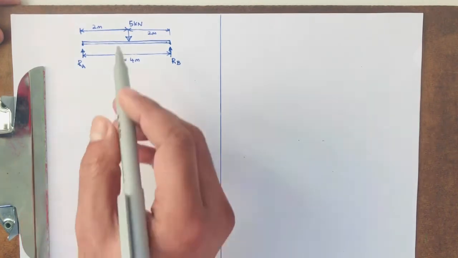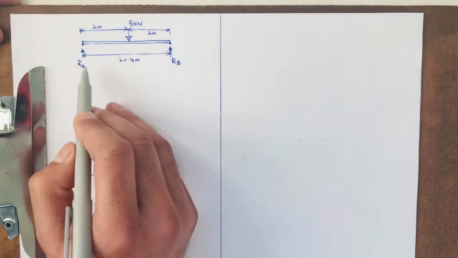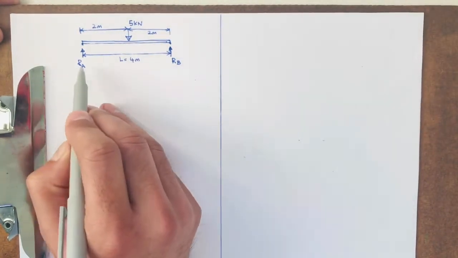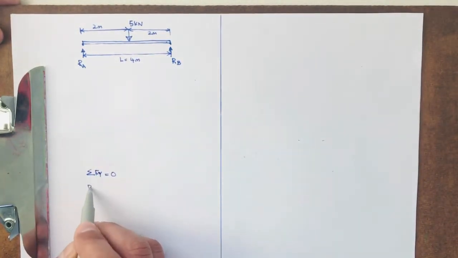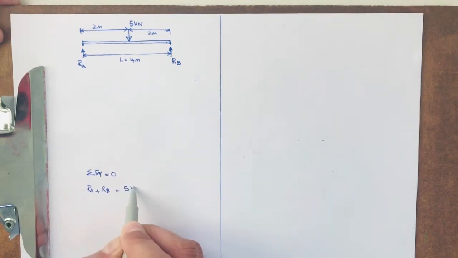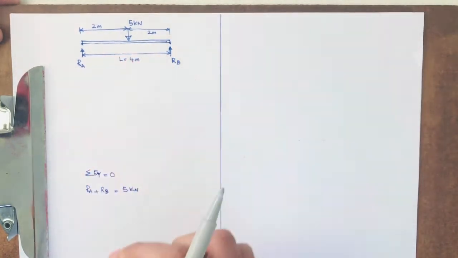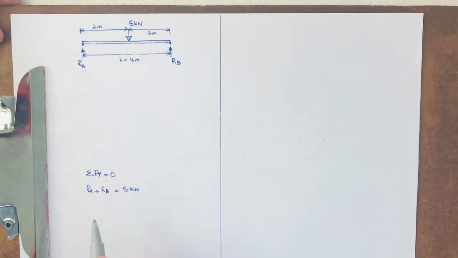We know the vertical downward force is 5 kilonewton, so RA plus RB equals 5 kilonewton. Actually, I left this space for the bending moment and shear force diagrams, which I will add later on.